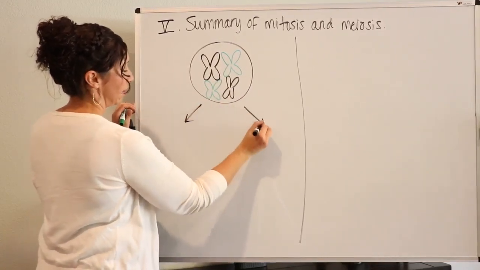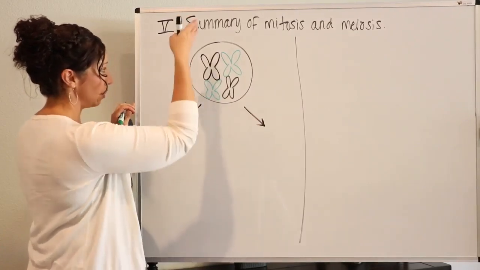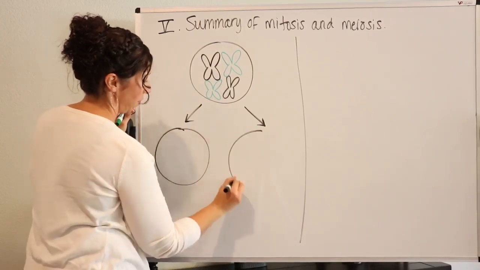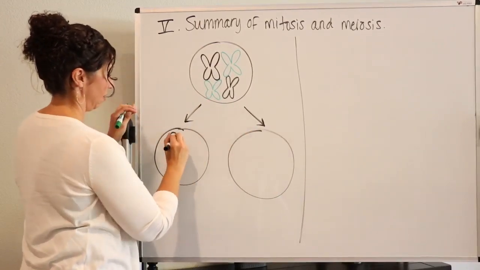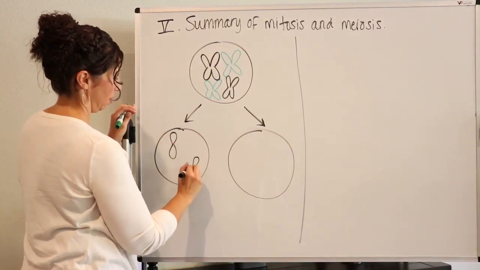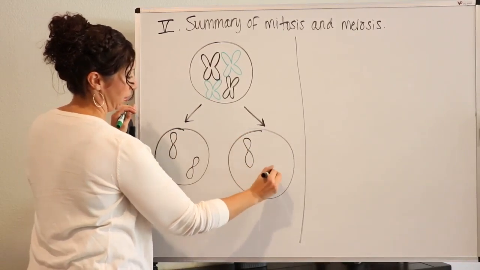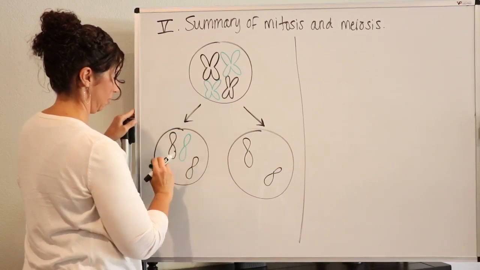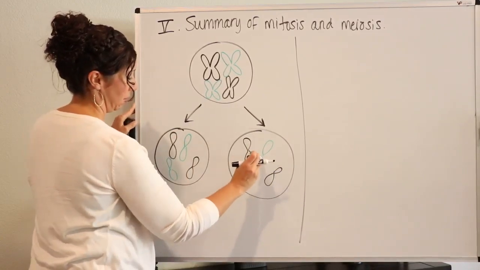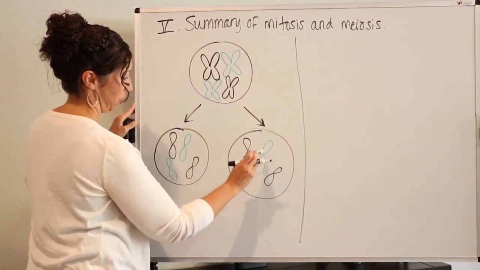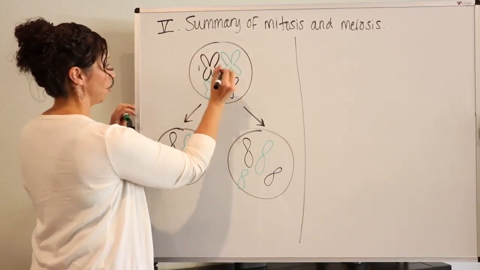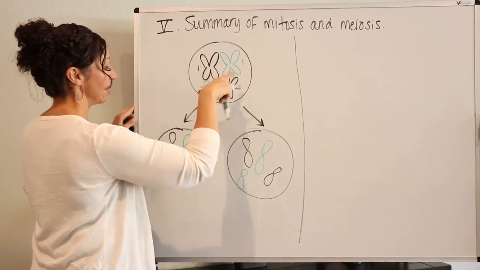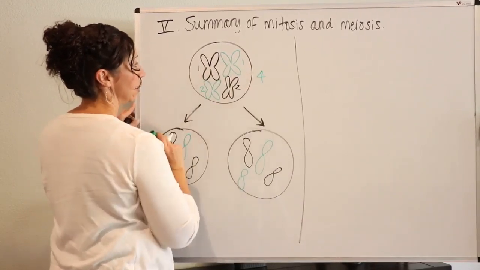Mitosis is going to be an identical split, but all I'm going to do is create 2 cells that have 1, 2, 1, 2. Pretend those are the same. So if this is chromosome 1 and this is chromosome 2, this is chromosome 1 and this is chromosome 2, I technically have 4 chromosomes in here, right?